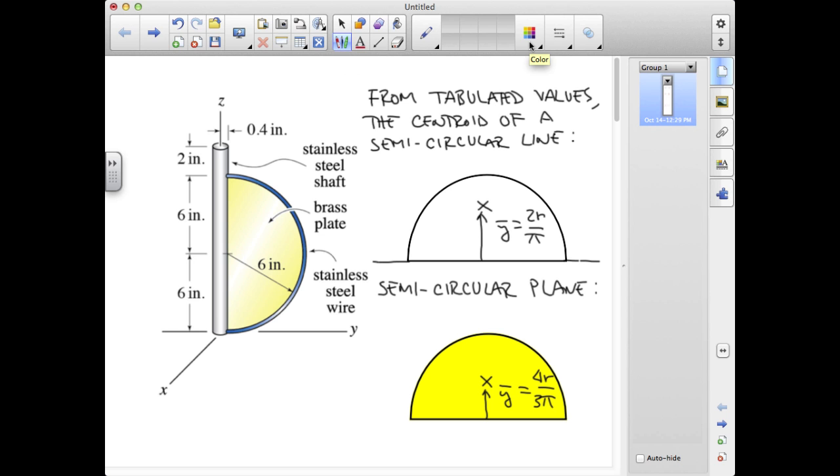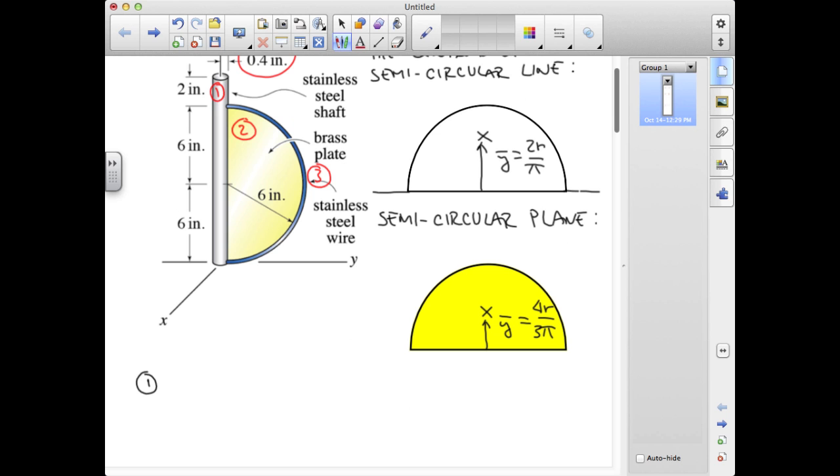One other thing for us to note for both the line and the plane is that we have to add the radius of the solid cylinder, since the semicircles are offset by that amount. I will call the solid cylinder 1, the brass plate 2, and the stainless steel wire 3 in the calculations below. For the solid cylinder, we have that y1 is equal to 0.